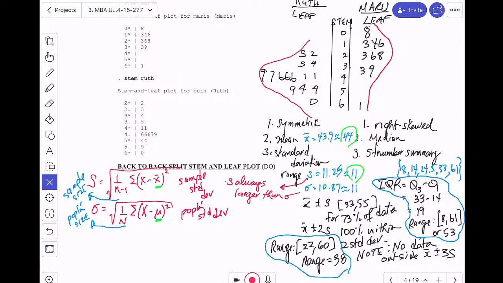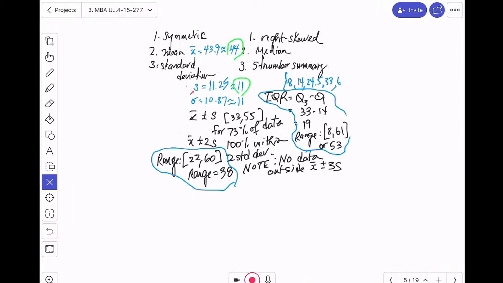Okay, so I'm going to continue with the description because now we have to do the other 2 features. For the 4th, it is the gaps and outliers. Now we already determined there are no outliers. We'll go back and look at the drawing to see the gaps.